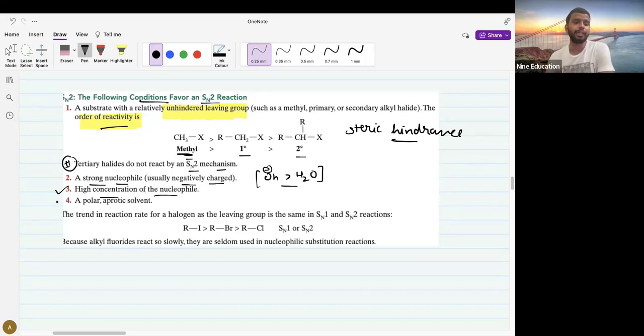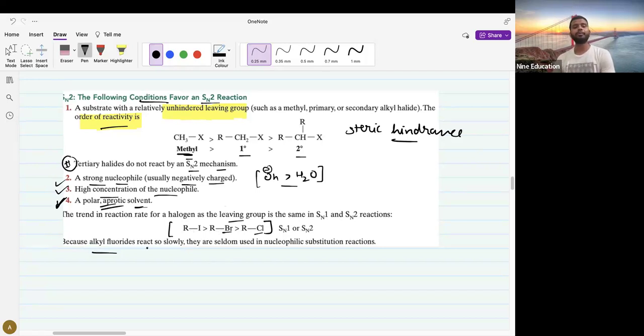We always need a polar aprotic solvent. The solvent effect I will teach you in the next class. Last is dependence on the leaving group. RI has the best leaving group, then RBr, then RCl. If you attack on R iodo, I minus can easily go, then Br, then Cl.